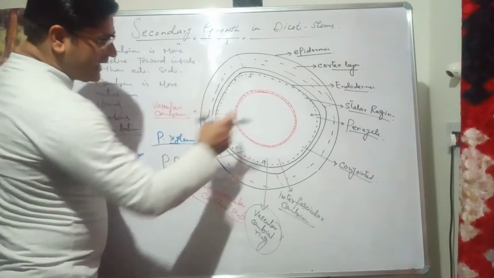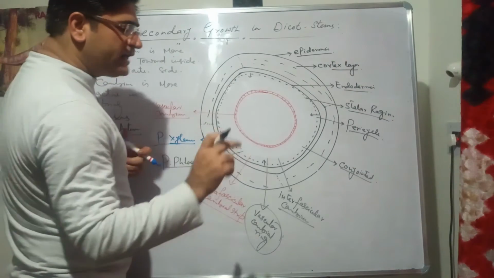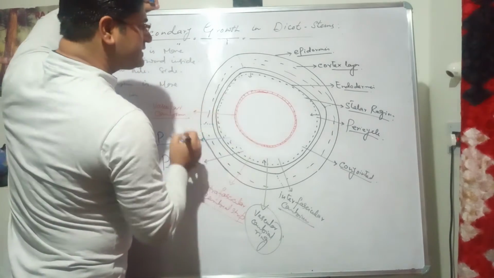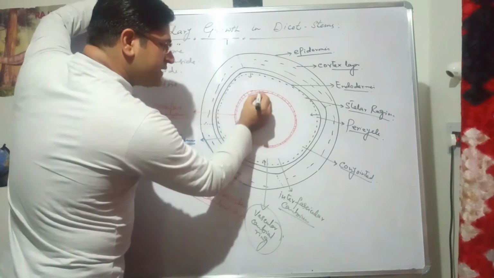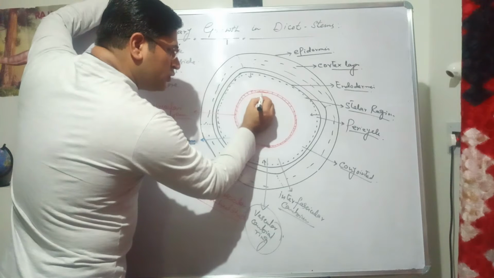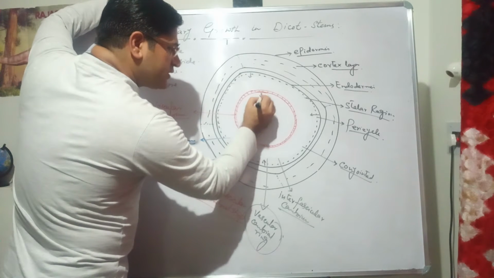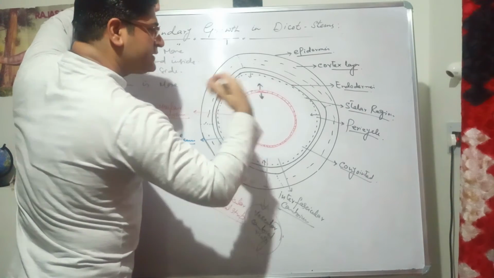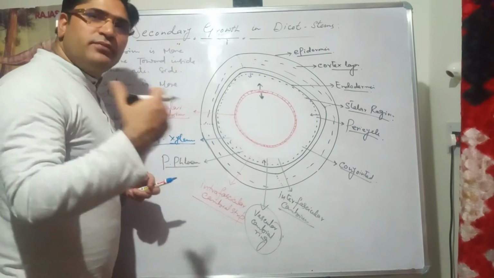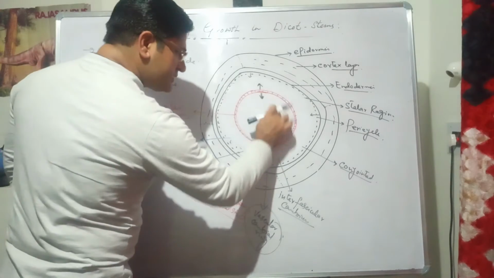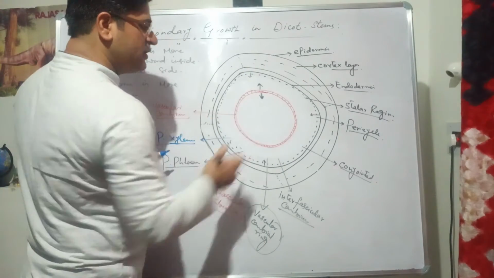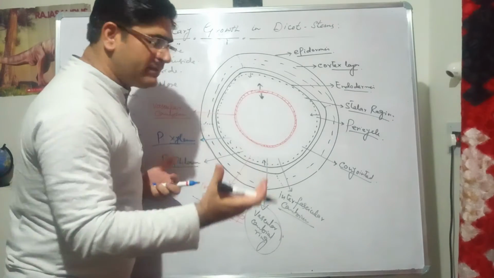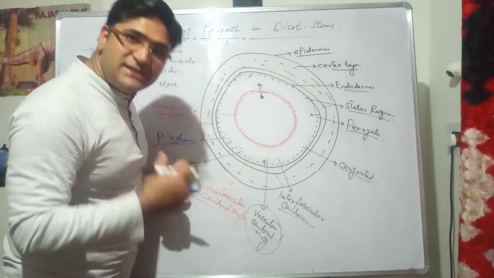Now when the cambial ring starts its functional activity, the second step, it divides the cells in both orientations, inside as well as outside. It divides the cells periclinally on both sides. Say, for example, this cambium ring is a meristematic tissue, a meristematic ring.